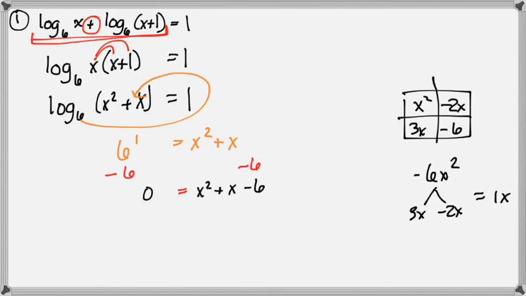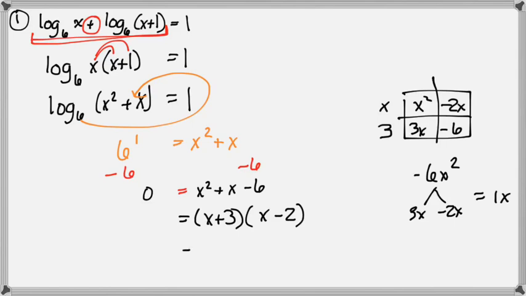When I factor my first row, an x comes out of both. The second row is a 3, so that factor is x plus 3. On the second row, our first column is x, second column is negative 2.